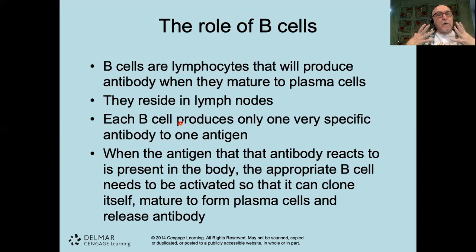If these responses become generalized and out of control, then you can end up being extremely ill just from the effects of the immune response. And in fact, in COVID, it appears that many people die largely as a response of their own immune response.